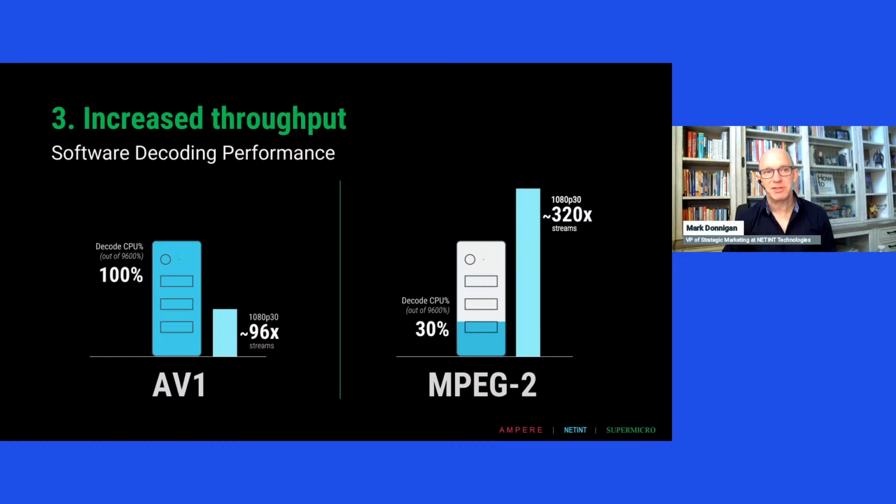Now, moving over to MPEG-2, the density increases significantly, and it's just a function of the encoder and of the codec. But there we were able to get 320 streams, and only 30% of the CPU was utilized.